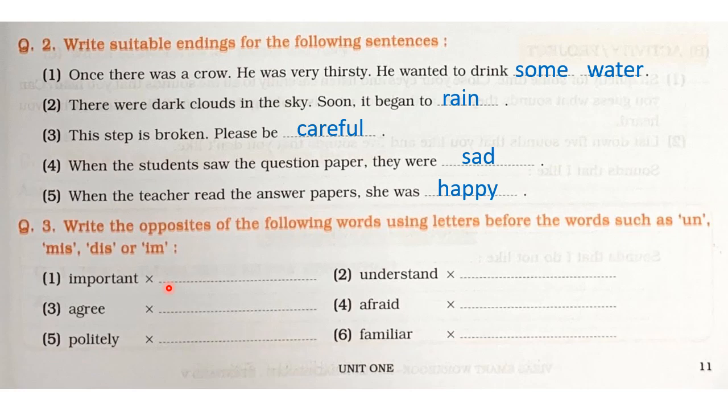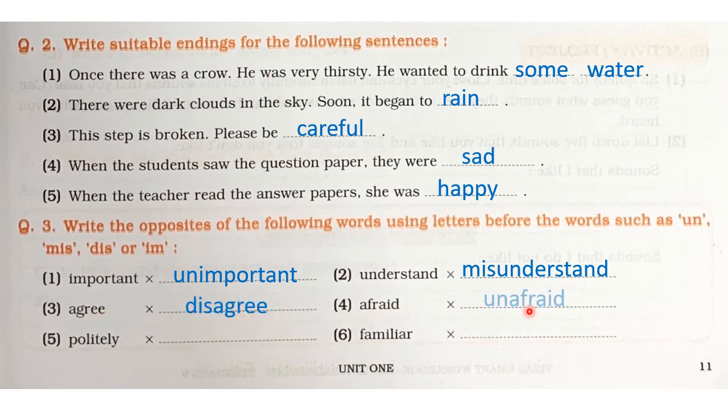We clearly know the opposite word of important, that is unimportant. Second, understand, misunderstand. Agree, disagree. Afraid, the opposite of afraid will be unafraid. Polite. Now here the opposite word of polite is what? It is impolite. Familiar, unfamiliar.